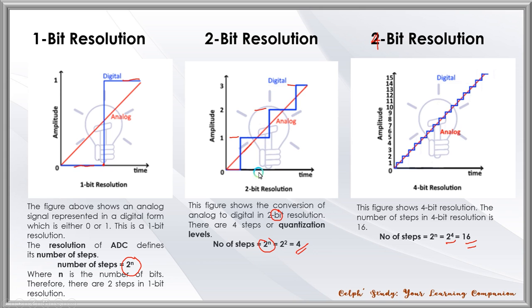So that means 2 squared is equal to 4. That means, na may ara kita apat ka step, we have 1, 2, 3, 4. So we have 2-bit resolution. Same is true with your 4-bit resolution. So 2 raised to the power of 4 is 16. Thus, we have 16 steps in ato nga representation.